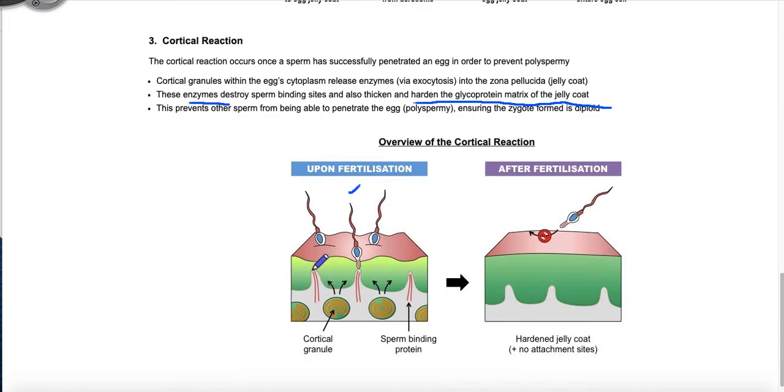So notice that within that membrane of the egg, you have these docking proteins. So once this zona pellucida or this jelly coat has hardened, those sperm binding proteins just disappear, right? So the zona pellucida hardens, and another sperm will not be able to penetrate. So therefore, you are preventing that polyspermy, or more than one sperm fertilizing one egg.